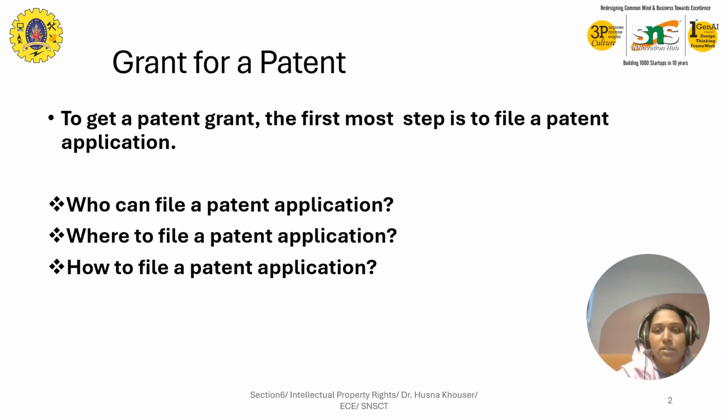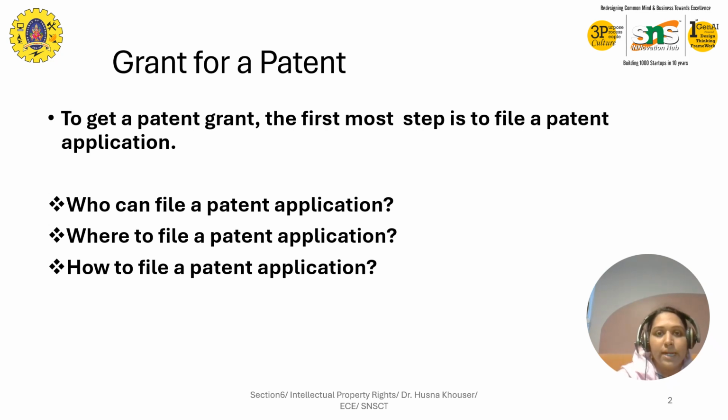This aligns with Section 2(1)(j) and Section 2(1)(ja). Section 2(1)(j) defines what is meant by invention, and 2(1)(ja) defines inventive step. With this we should also know what is meant by industrial applicability. The invention must be found to have industrial applicability as defined by Section 2(1)(ac). The idea must also be filtered through Sections 3 and 4, so that it does not fall under any negative list.